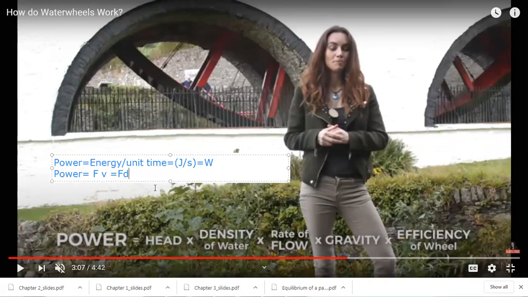Now, if you want to obtain power, you should divide by time. But what is distance over time? Distance over time is nothing but V. Okay? This is why power can be obtained by F times D over T, where F times D is the unit of work or energy, which is joule. And when I divide by time, I get joule per second. So F times V will give me the unit of power, which is what?